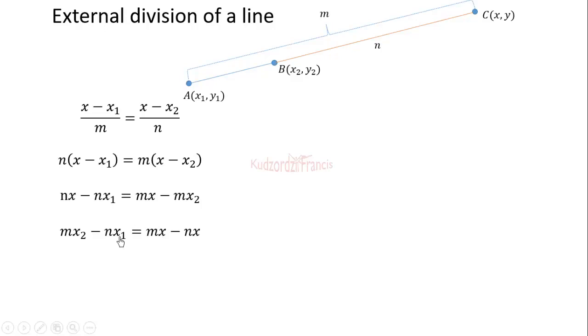So we can now factor x over here, and that will give us m minus n times x.